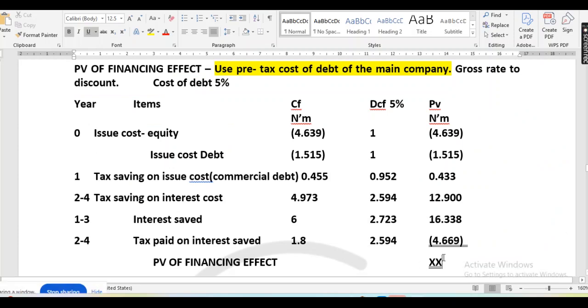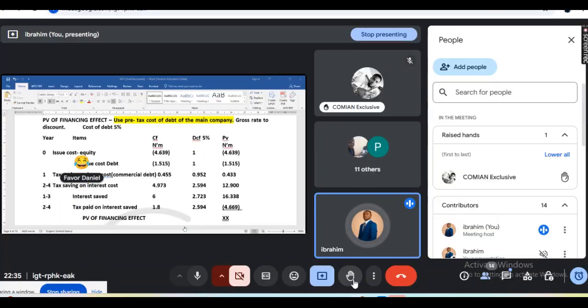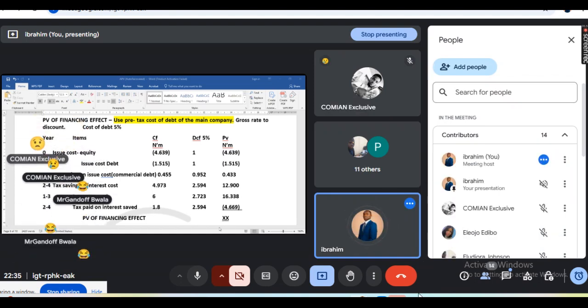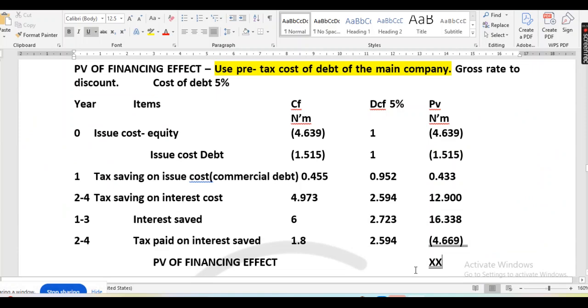Is it positive or negative? So this tax paid, is it not an outflow? Okay, sorry, it's an outflow. Okay, what do you have? 18 point.